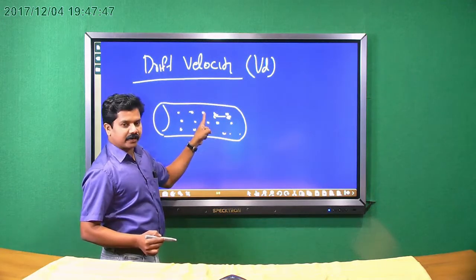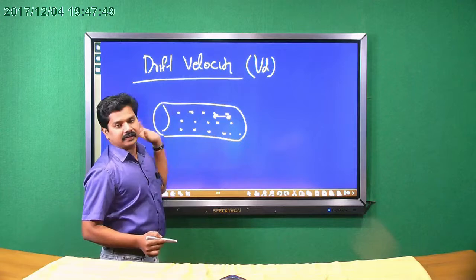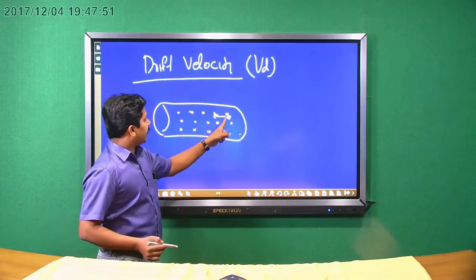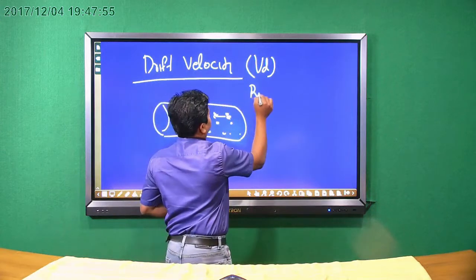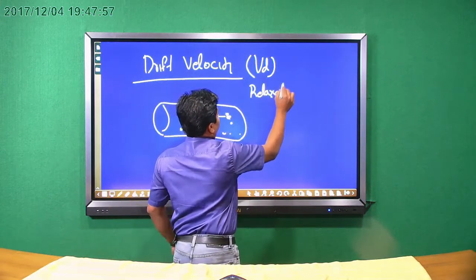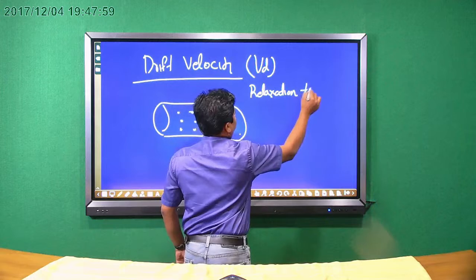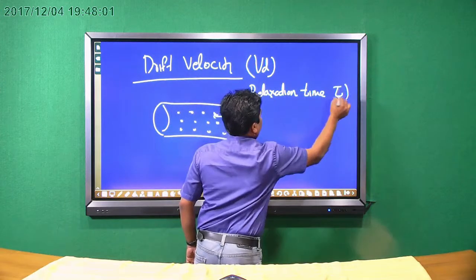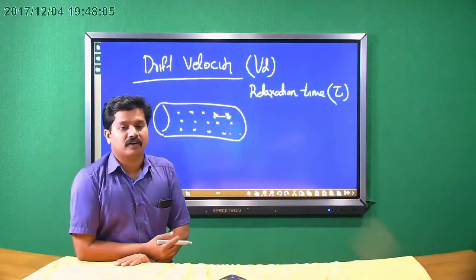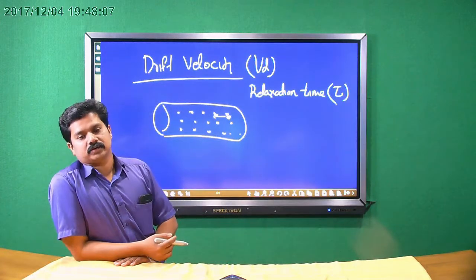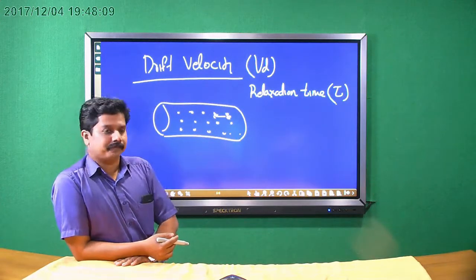Again they get accelerated, again decreases, like that. The time interval between two successive collisions is called relaxation time. We represent it by the letter tau.